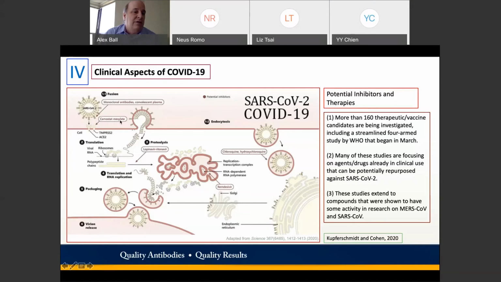Camostat mesylate is in use in Japan for treatment of chronic pancreatitis pain, so it has an acceptable safety profile. People are seeing if they can inhibit infection using this, and there are ongoing studies with that. And of course, new neutralizing antibodies are being developed.